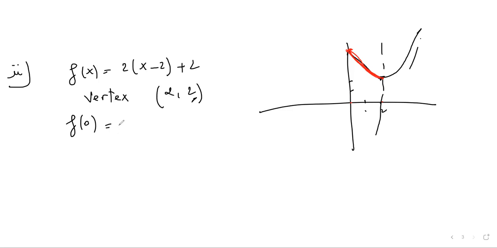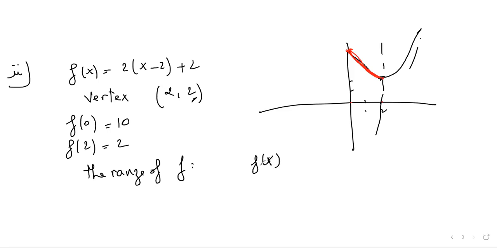So I know that f(0) is equal to 10. And f(2) is equal to 2, since this is the vertex. So the range of f will be all the values between 2 and 10, because those are the two values. So this is 10 and this is 2. The range is the part between 2 and 10.